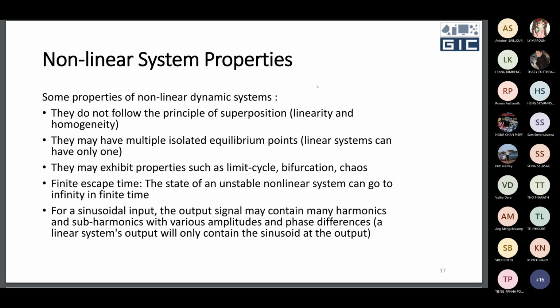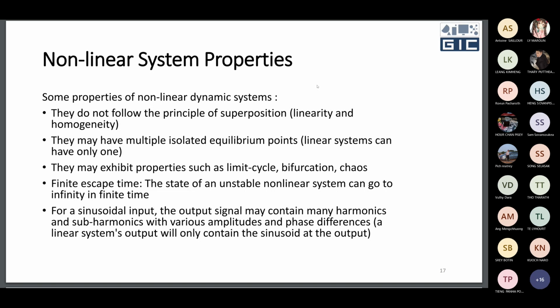And the second one is that they have multiple isolated equilibrium points. As you see at the moment, a linear system can produce only one possible solution. For example, if I have two variables, I have only one possible solution between x1 and x2. But in this case, x1 can produce multiple x2.